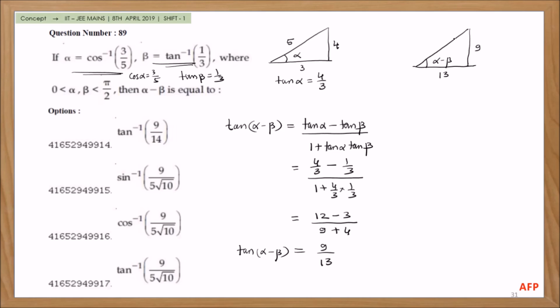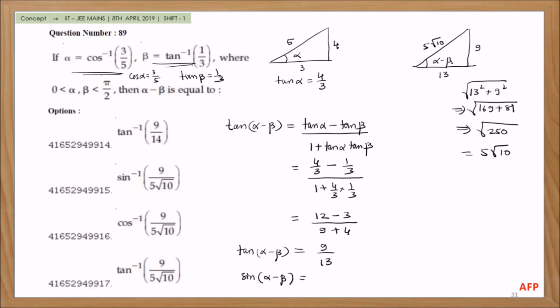Now what is the hypotenuse? 13 square plus 9 square, square root: 169 plus 81, square root of 250, which is 5 root 10. Now this can be written in terms of sine.